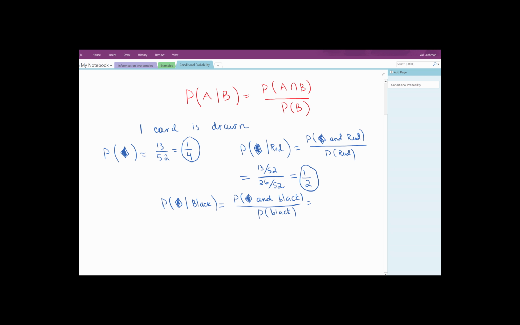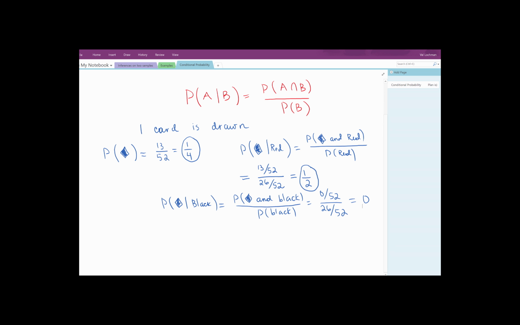So here we get 0 out of 52 divided by 26 black cards out of 52 total. That's still 0. So here's a very quick example of conditional probability and how additional information can change the probability of an event of interest.